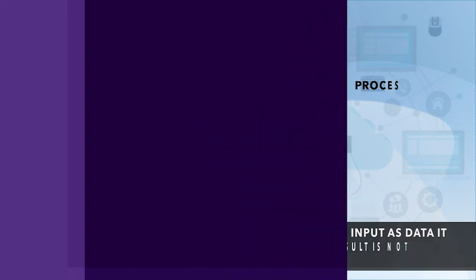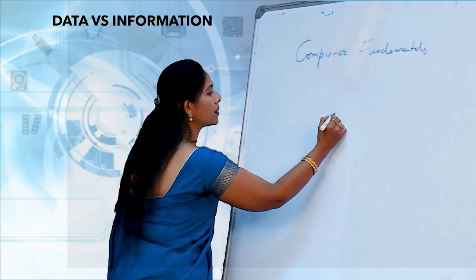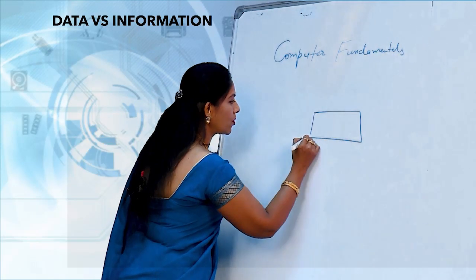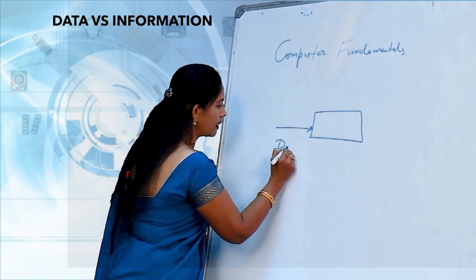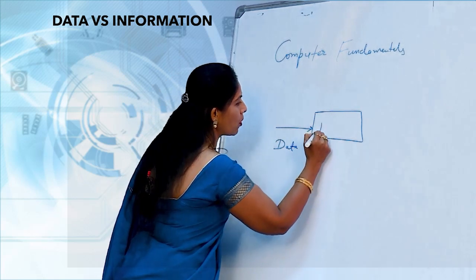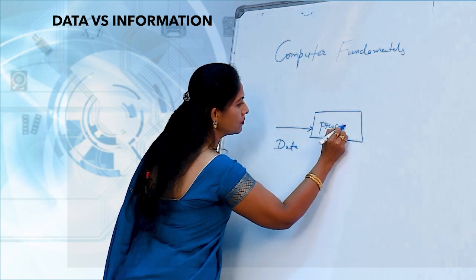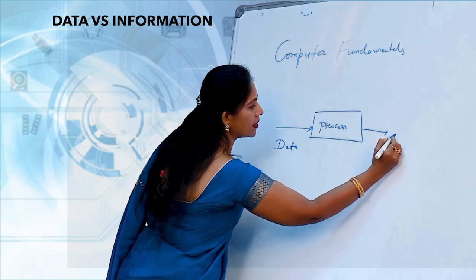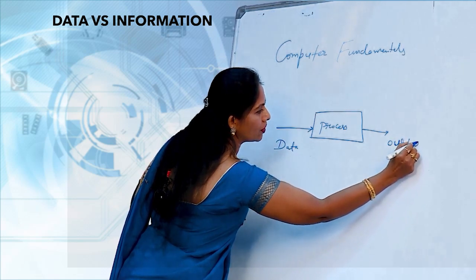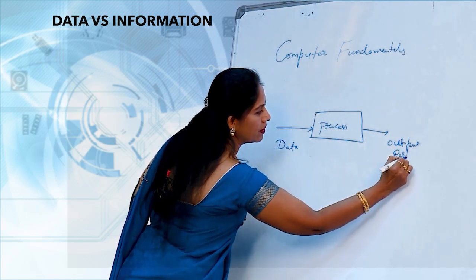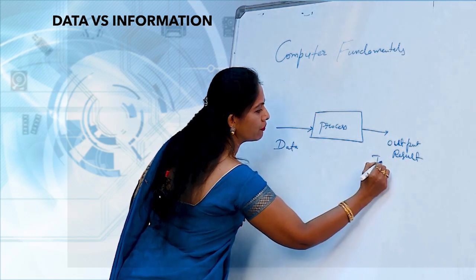So this is a computer. It is an electronic device which takes the input as data, processes it and gives the result as output. Your output is nothing but the result, information.